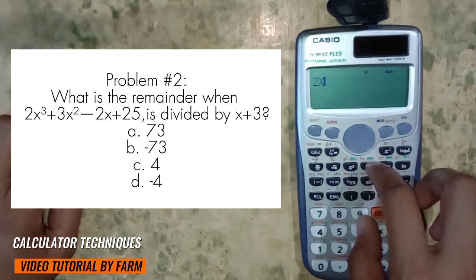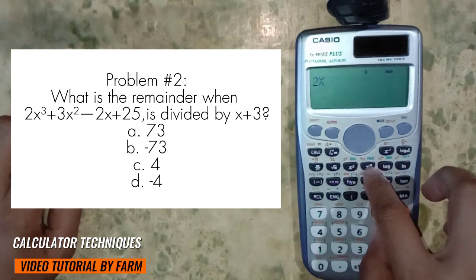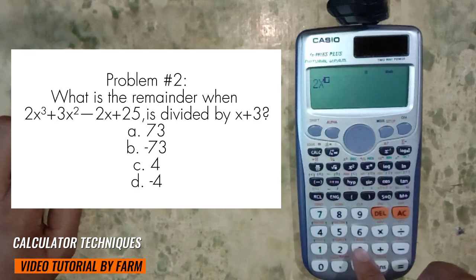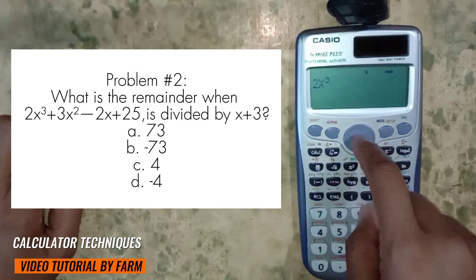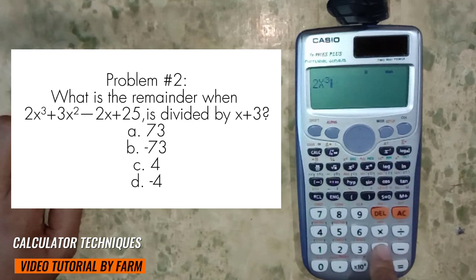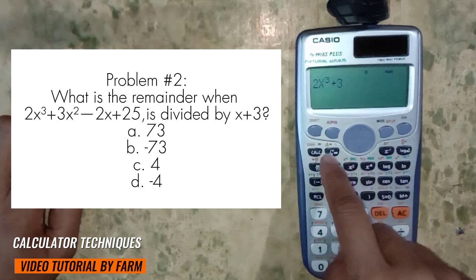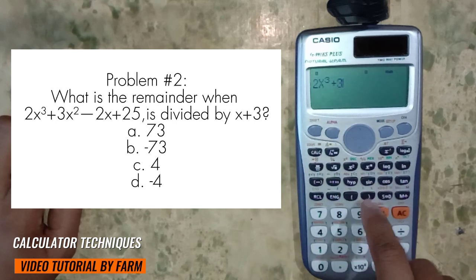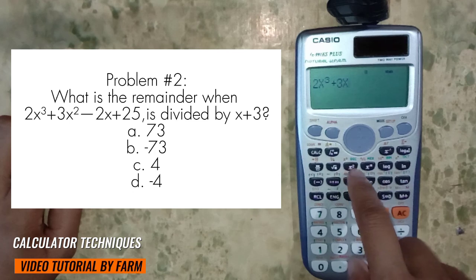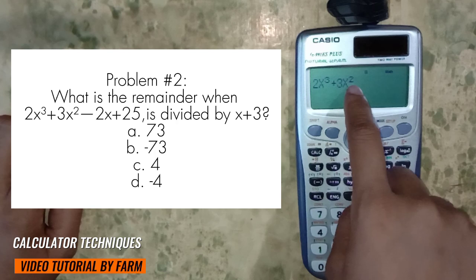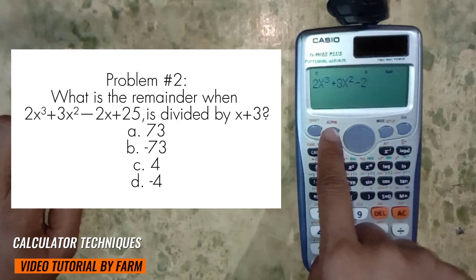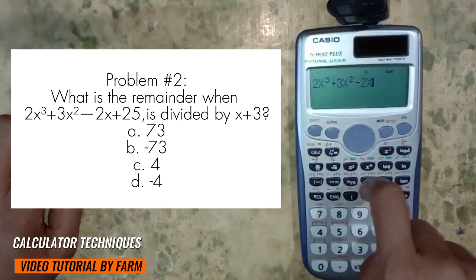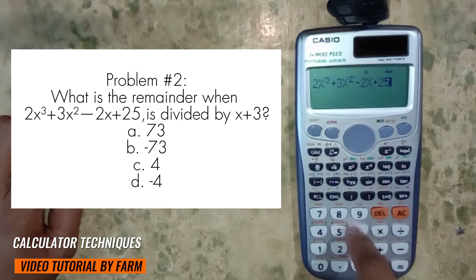Then to get the cube, we have an x with a box in the upper, then click the 3 to get the cube, then click the right arrow, then plus, then 3, then alpha, close parenthesis to get the x, then click the x squared to get the squared, then minus 2, then get the x, the alpha, then close parenthesis, then plus 25.